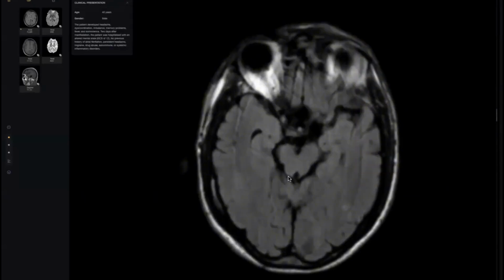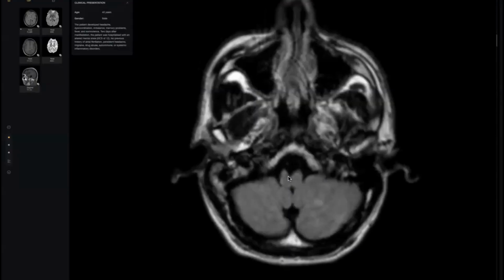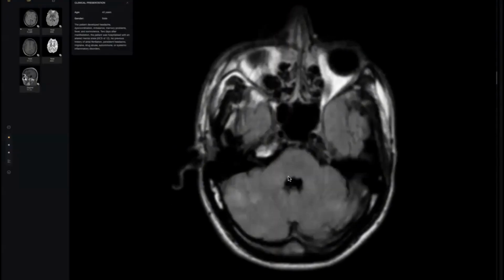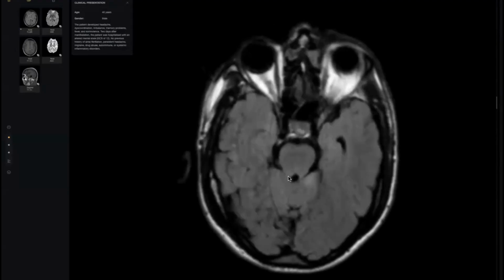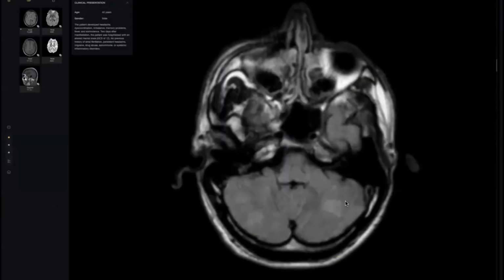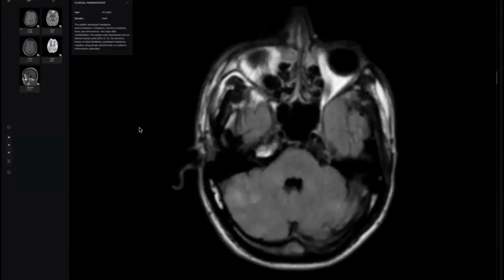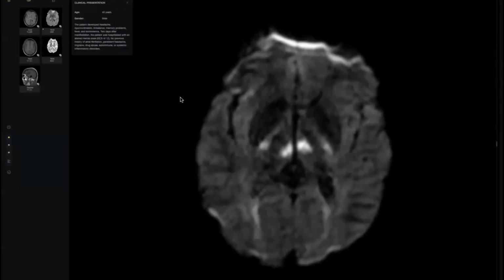Okay, but we should examine the whole slice. When we go to the posterior fossa, our pathway extremely changed. Look here, multiple bilateral cerebellar abnormal signals. When we go to the diffusion, it looks like strokes.